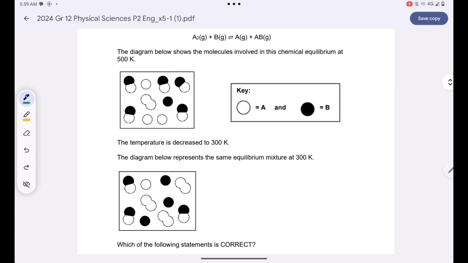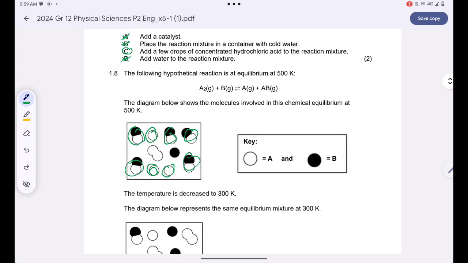I can see that these are my products. Let me highlight my products. These are my products. Are you together? Because for my products I have A and AB. So I've highlighted my products in green.